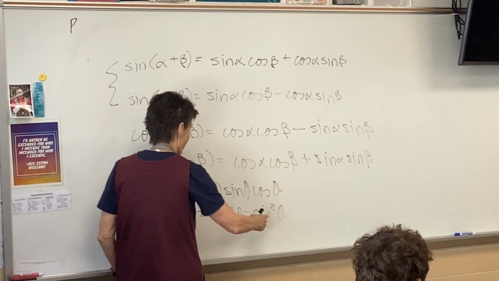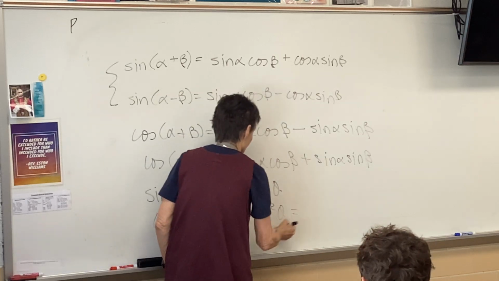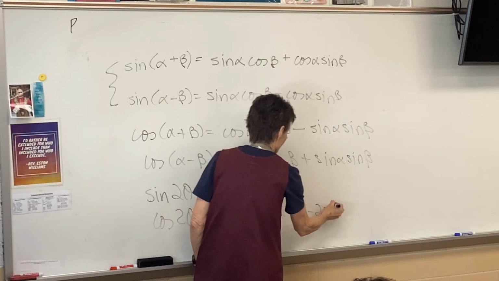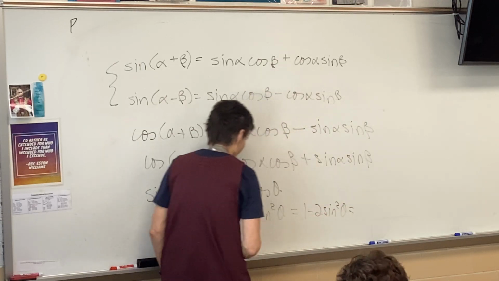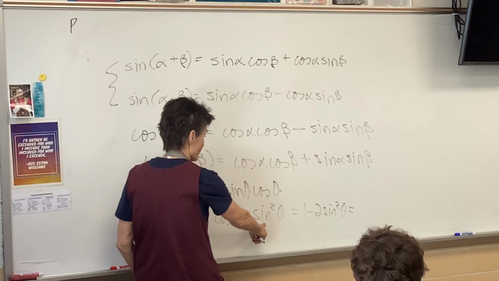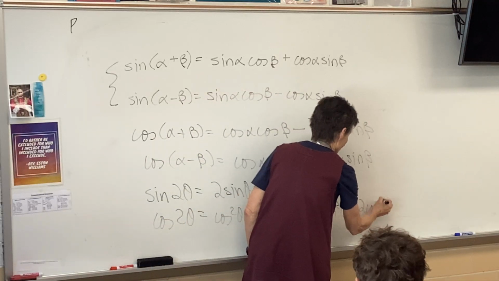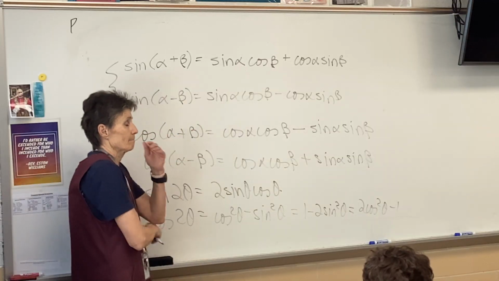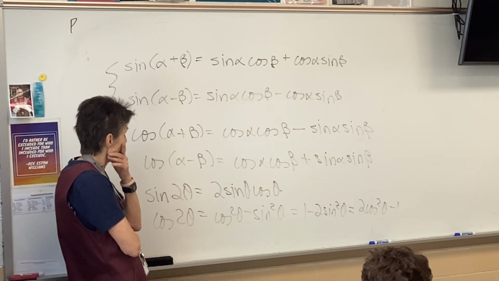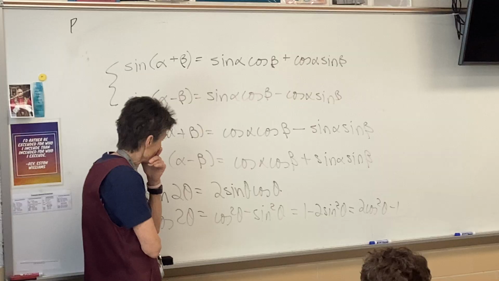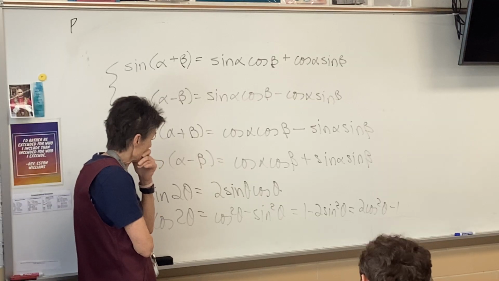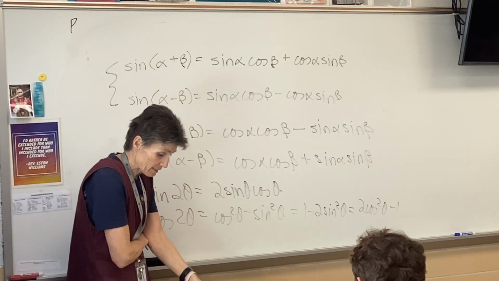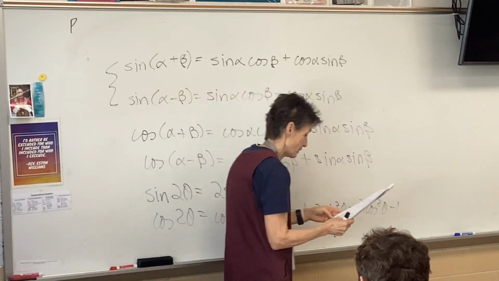But because of the whole Pythagorean thing, we can put in 1 minus sine squared. Or we can put in 1 minus cosine squared. For the time being, I keep those handy till you get them memorized.